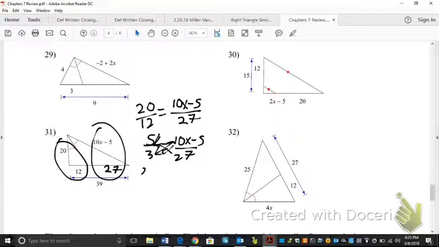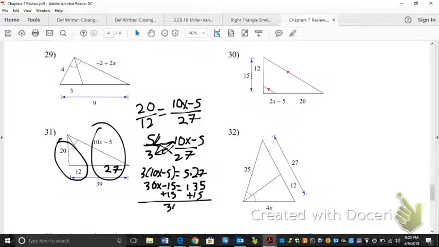Cross multiply, 27 times 5 gives us 3 times 10x minus 5 equals 5 times 27. 30x minus 15 equals 135. I'm going to add 15 to both sides. I could have divided by 3. I just decided not to. 30x equals 150. Divide by 30. I get x equals 5. Make sure you go back, plug it in. 50 minus 5 equals 45.